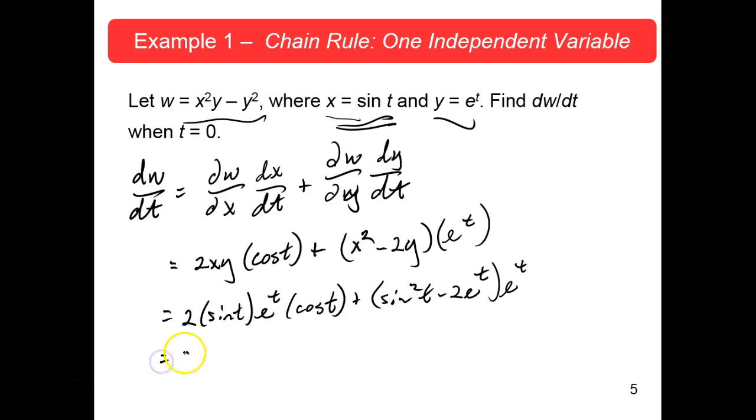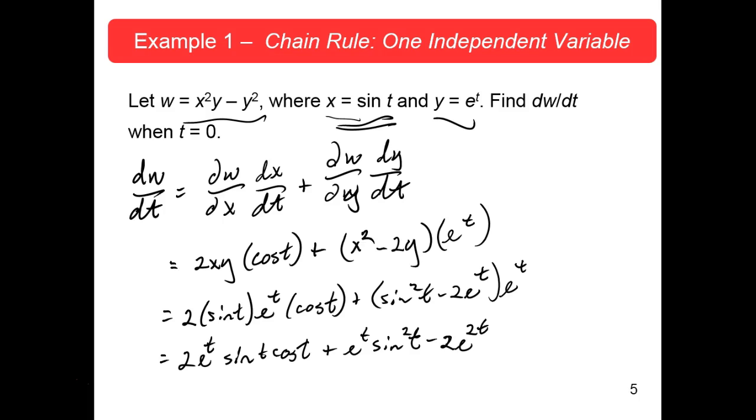I don't think so. 2e to the t sine t cosine t. There is a way to shorten that a little bit. I doubt if they'll do that here. And this will be plus e to the t sine squared t minus 2e to the 2t. I don't know if that's any better.